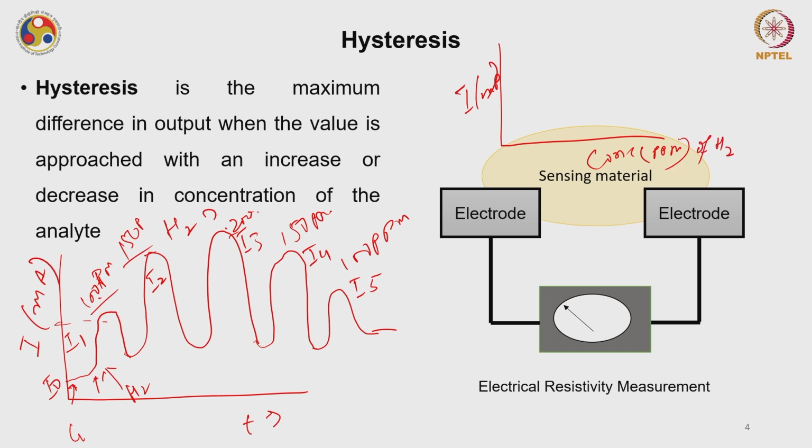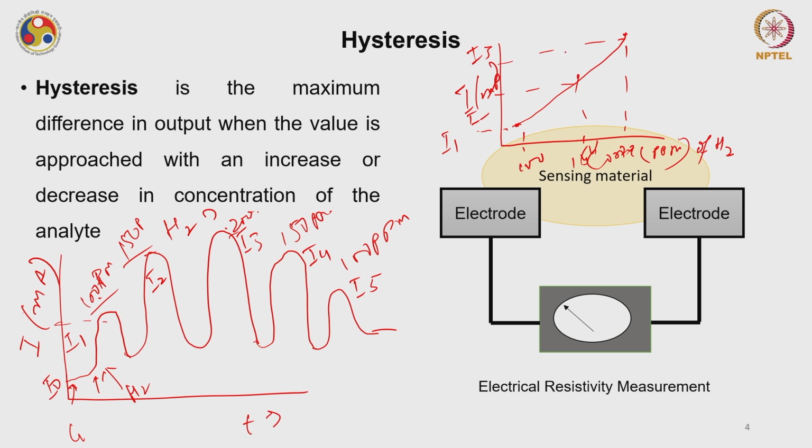While increasing, it went from say 100, this is 150, and this is around 200. So the response increased from 100 to 200, and these currents are I1, I2 and I3. Now I am decreasing the concentration of hydrogen.